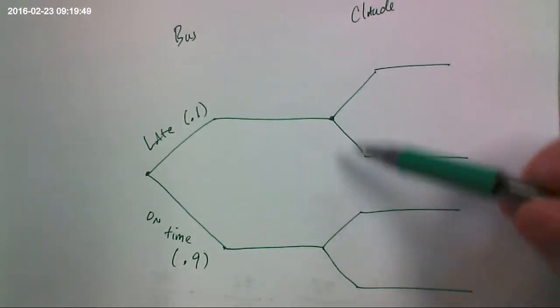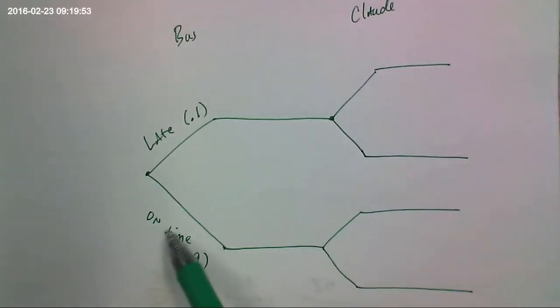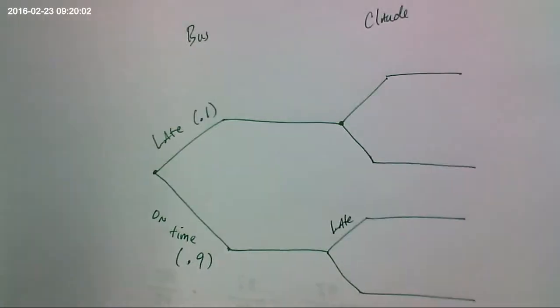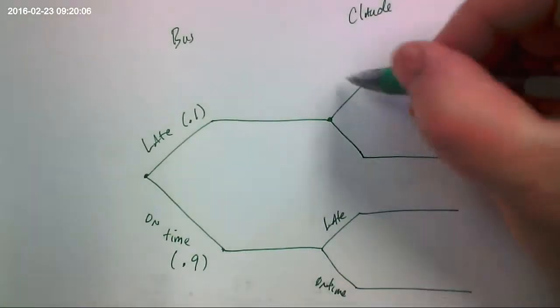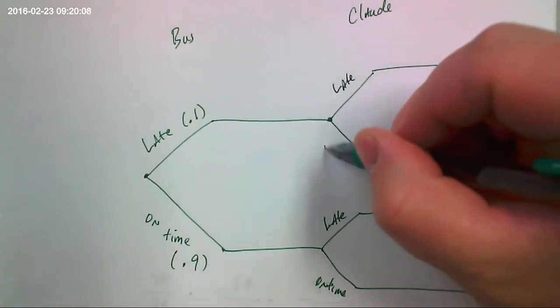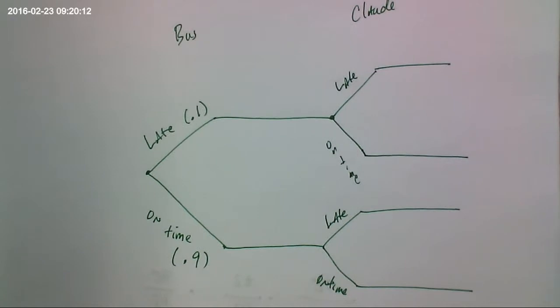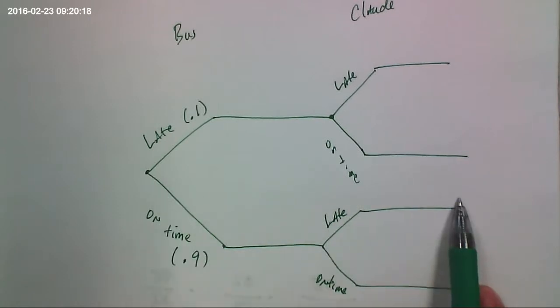Help me fill out the rest of this. It says if the bus is not late, so that's on time, the probability that Claude is late is 0.05. Where would that go? Would it go like the whole branch would be 0.05?